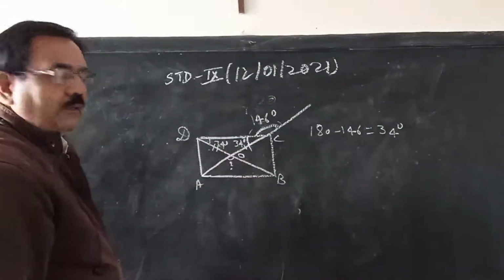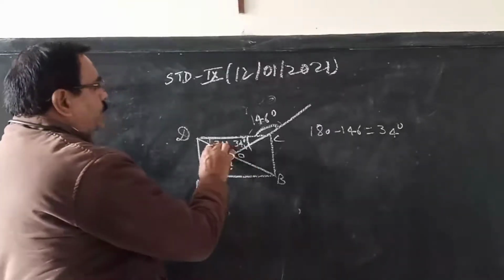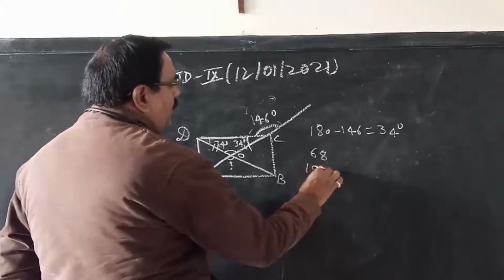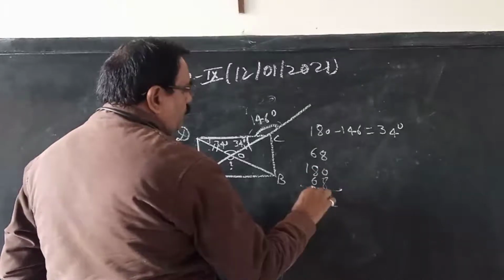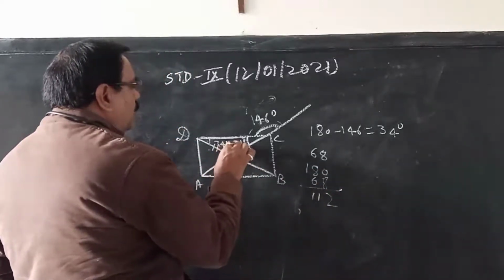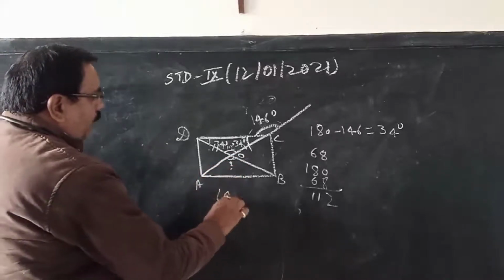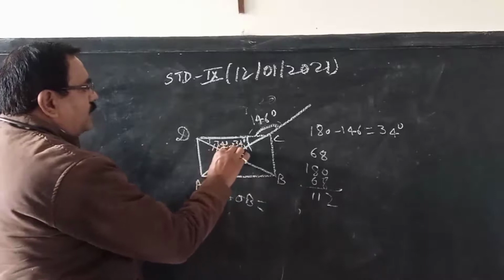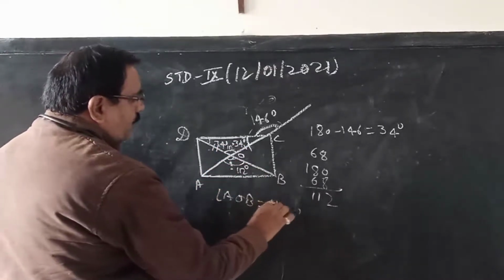Now what is the value of the third angle of the triangle? 34 plus 34 is 68, so the third angle will be 180 minus 68, which is 112. We have to find angle AOB. This is 112, this is also 112 degrees.